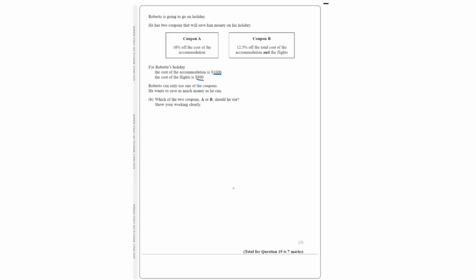Let's see here. Coupon A, 18% off the cost of accommodation. That's the same as 18 over 100, so we can simply write that as 0.18 off the cost of accommodation. So we multiply this value with the cost of accommodation, which is 1,600 times 0.18. But don't forget, he's also paying for cost of flights.